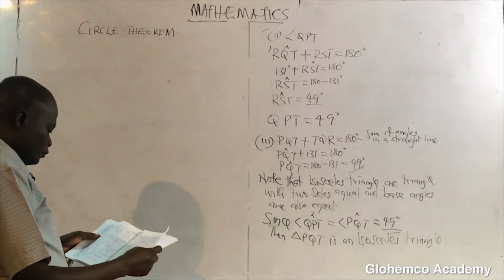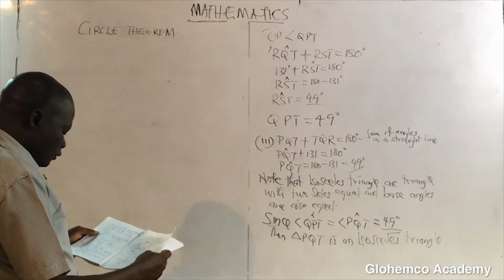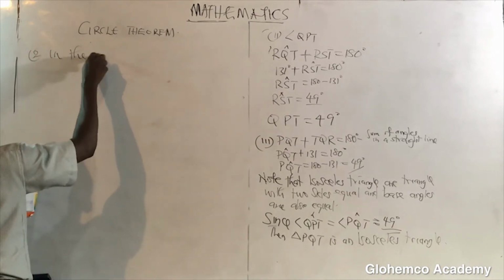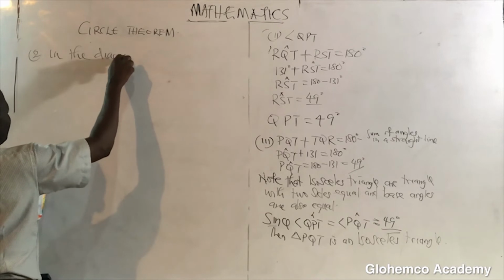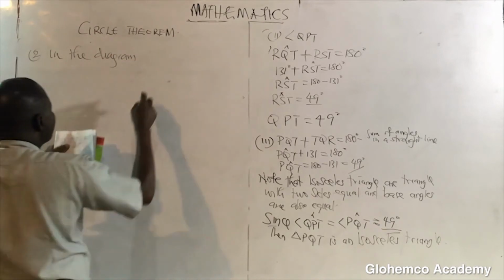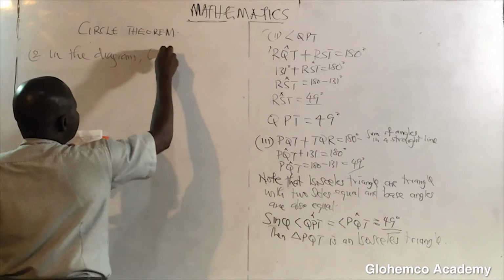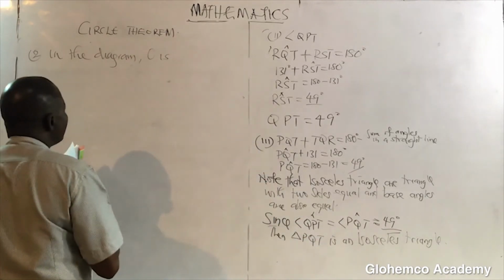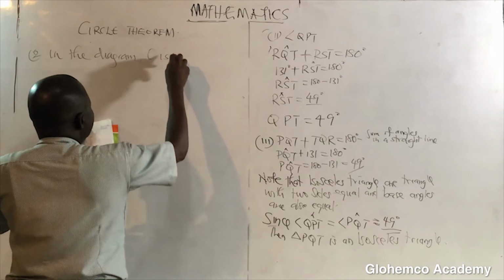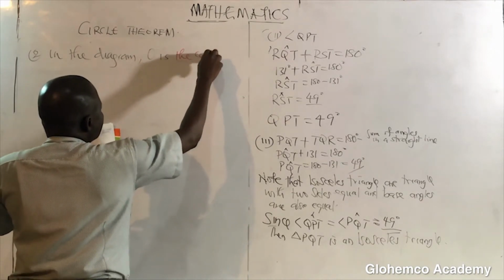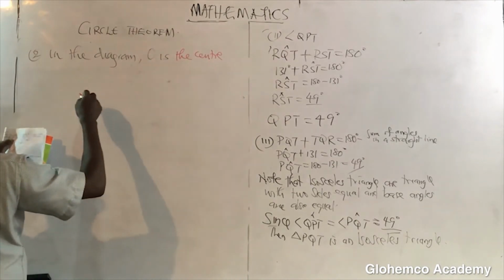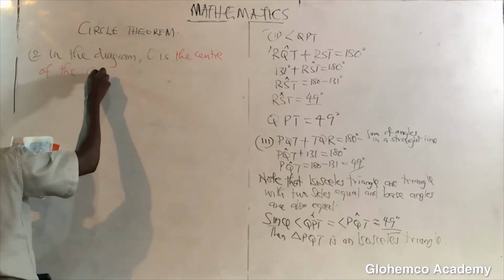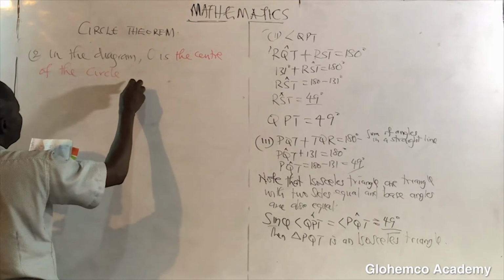Supposing we are given this. Alright, this is another question. In the diagram, O is the center of the circle.